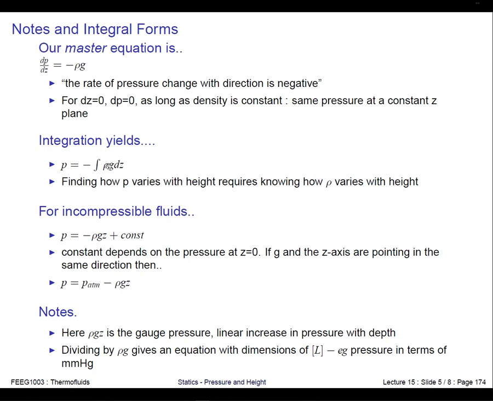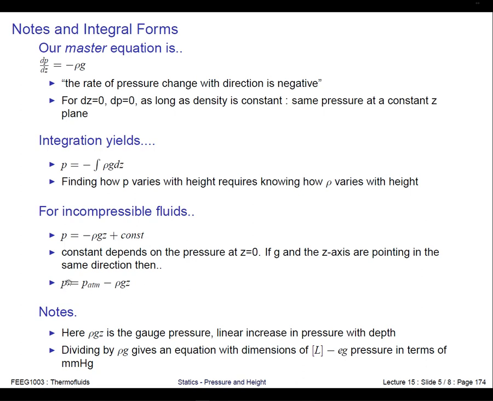If it's an incompressible fluid, we generally have no problems. We can take the rho g outside this integral, and then we've just got the integral of dz, which just gives us z, and then we end up with an integration constant. The integration constant is the pressure where z is equal to 0. So normally we would end up with an equation like this.